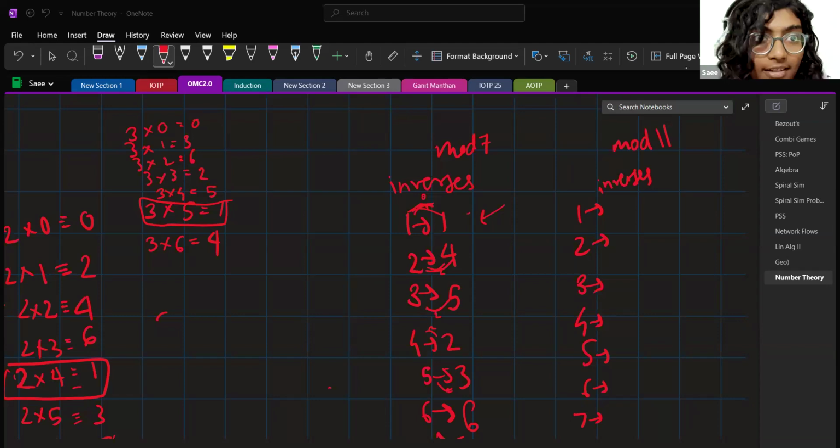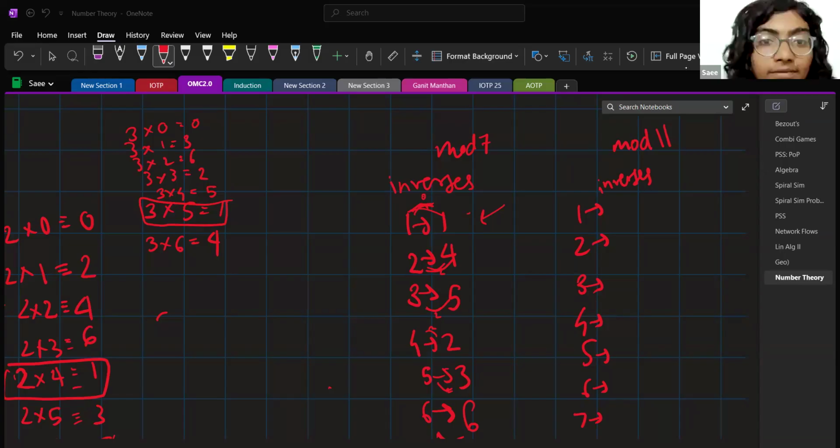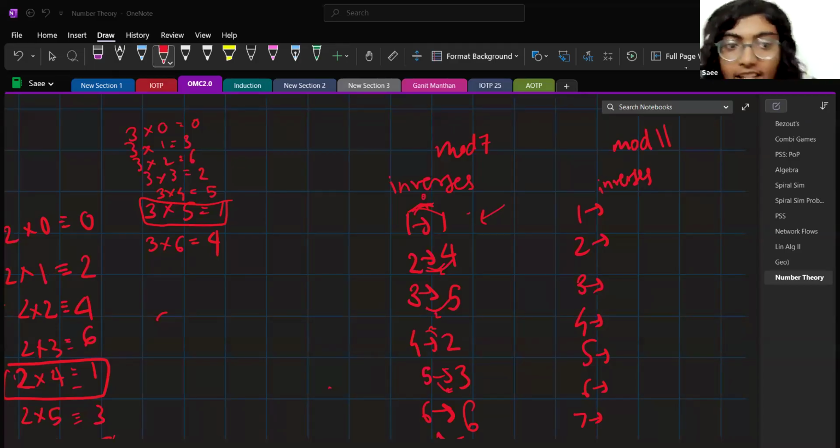When was modular arithmetic invented? It was always there, right? It's a very basic idea. It was formalized maybe later. Yeah, as a formal system, it was developed by Gauss in 1800. Interesting, this is new to me as well.